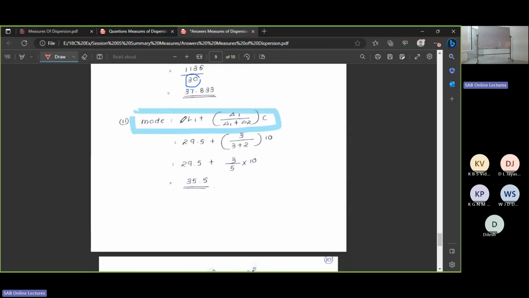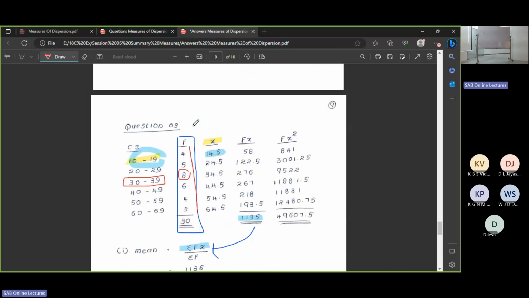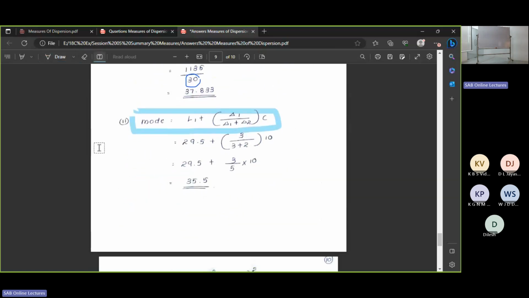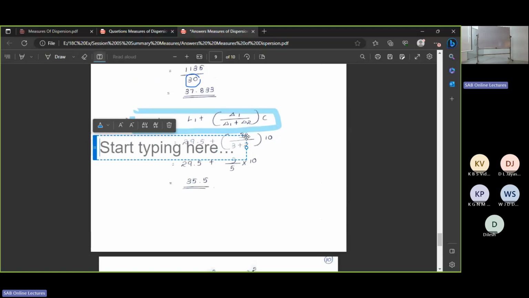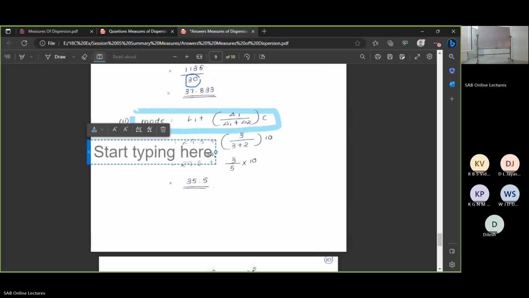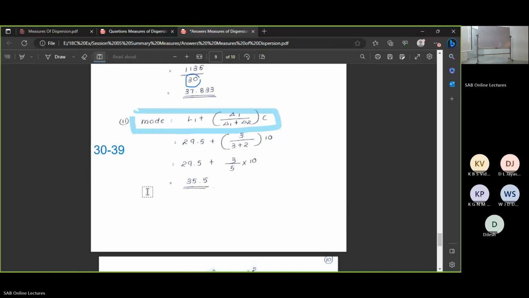Then first we have L1 here. L1 means the lower class boundary of the modal class. Your modal class is 30 to 39. Here L1 is the lower class boundary. Then 30 is the lower limit, not the boundary.